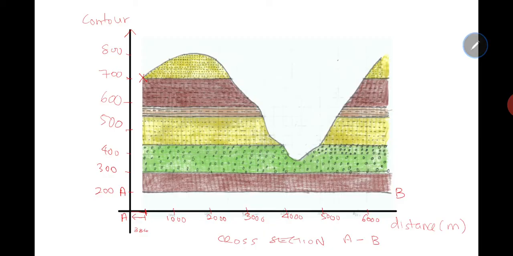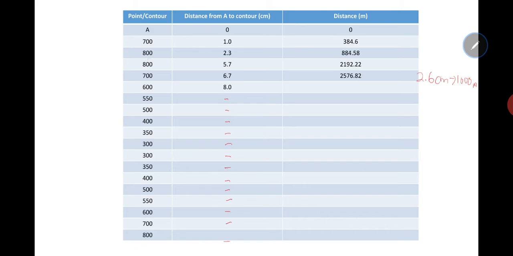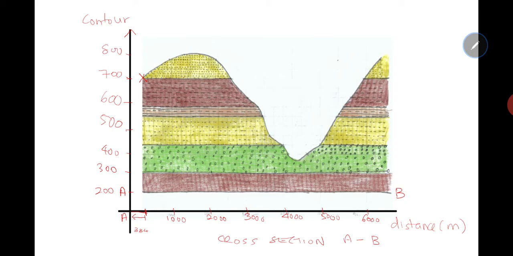Next you have contour 800, and the horizontal distance is 884. So from A, I need to measure about 884 here, and that one is the contour 800.